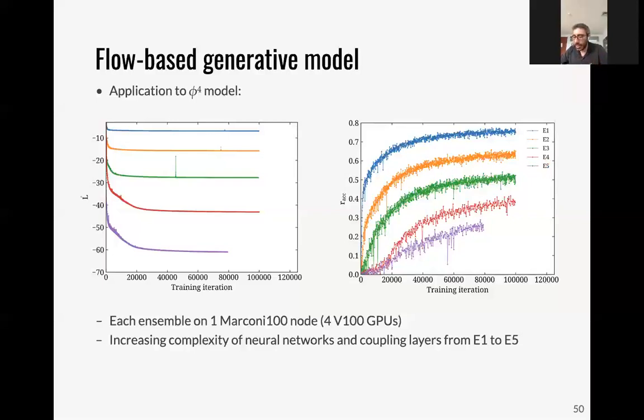So for example, for e to the 5, you see this very slow creep up. And if your target was 50% acceptance rate, then it might be the case that with this specific choice of the neural network, which means the number of neurons, the number of nodes and how many layers you put in between, you might not be able to reach a 50% acceptance rate in a practical amount of time.